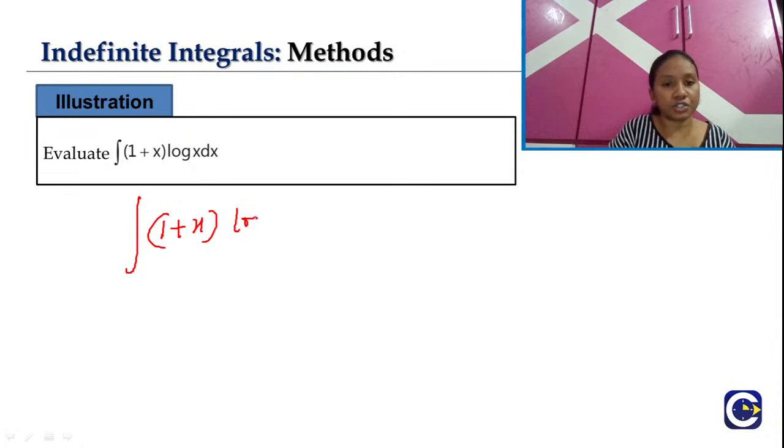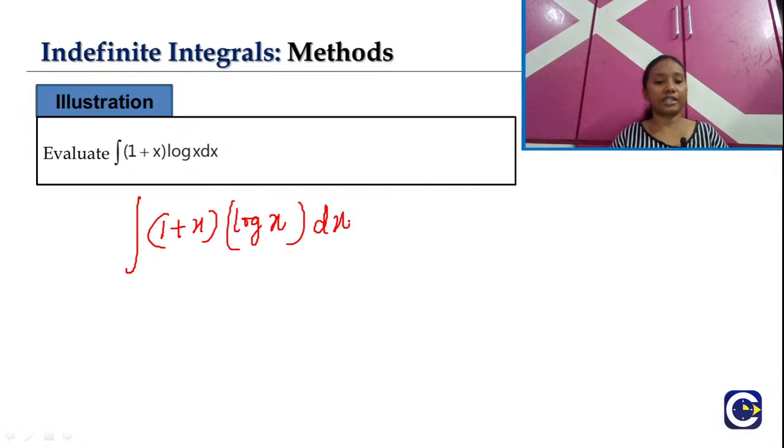Okay, Shivani, no issue. So my first function is log x here and second function is 1 plus x. There are some students who will multiply and then be interested in solving it, but no issue. It's up to you. But as they have given the two functions directly in the question, we just follow that way. Okay. So can you guys simplify this and let me know what's the answer?